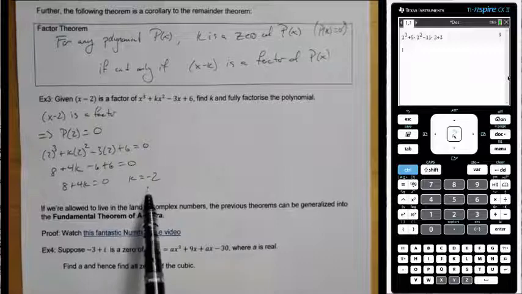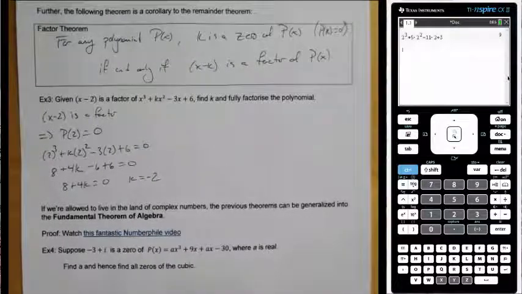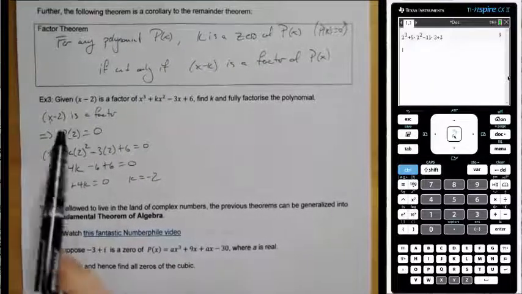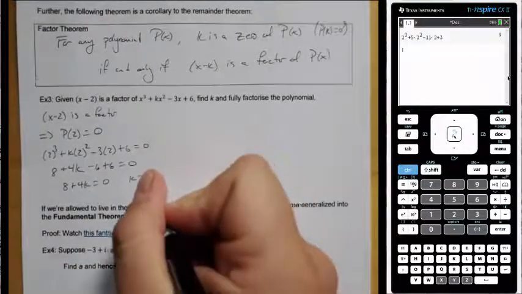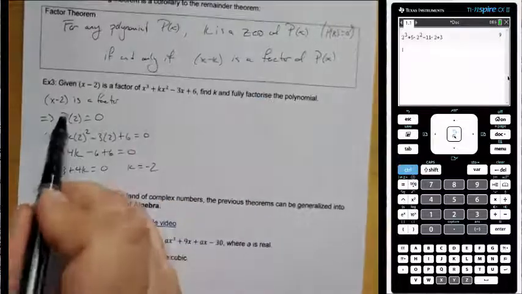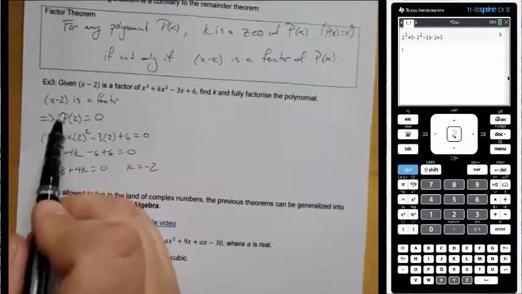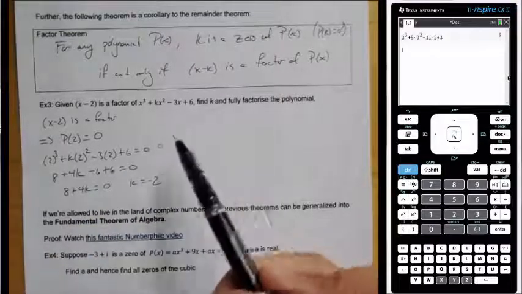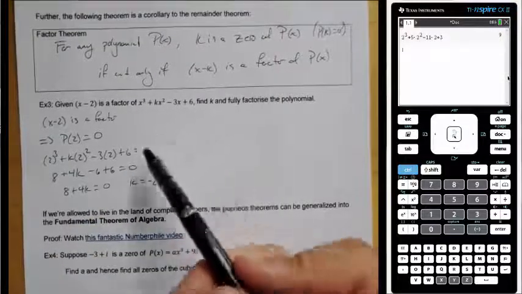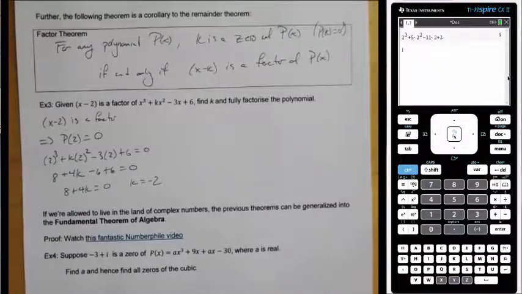So we found the value of k, and now we should be able to factor this, because we know that x minus 2 is a factor of this thing. So if I plug in negative 2 for k and use some form of division, whether that's long division or synthetic, to divide x minus 2 out, I'll be left with a quadratic. For those, we have lots of easy techniques for factoring.